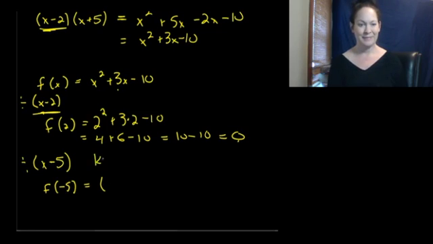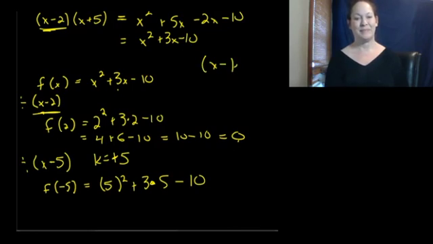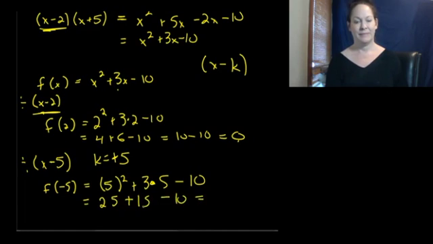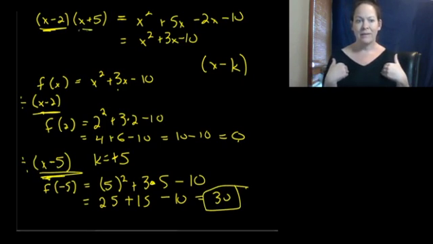My k is equal to positive 5. 5 squared plus 3 times 5 minus 10. Kept slipping into doing the actual one, right? But if x minus 5, my remainder theorem says x minus k. So my k is positive 5. So 25 plus 15 minus 10. Well, 25 plus 15 is 40, and this is 30. It has a remainder. This is not a factor. And of course, x plus 5 is the other factor.